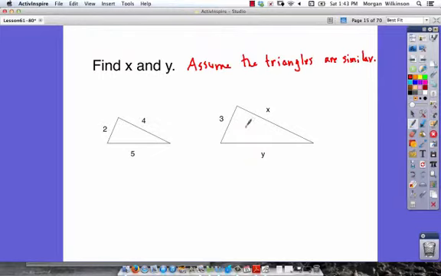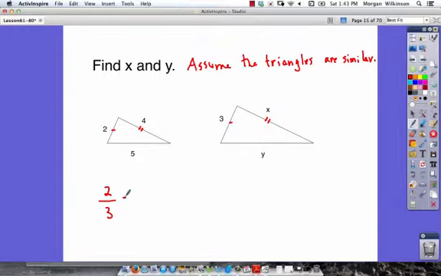So if they're similar triangles, what that means is our diagonal side across, 2, is going to be similar to our diagonal side across, 3. If we look at the 2 and we look at the 3, what we're saying is the 2 goes with the 3. Then we're saying that the 4 is going to go with the x, because those both have the same angle.